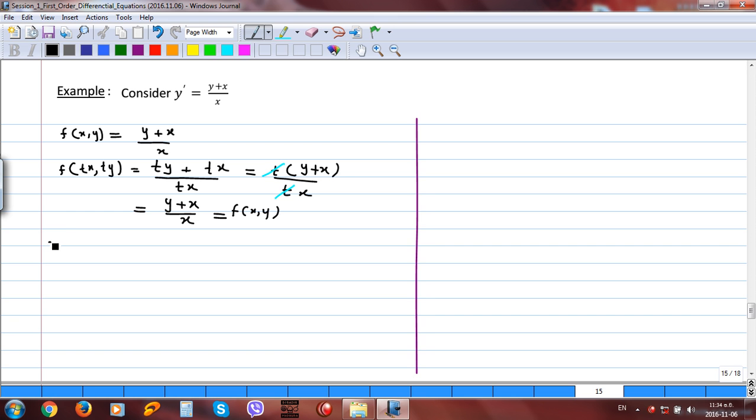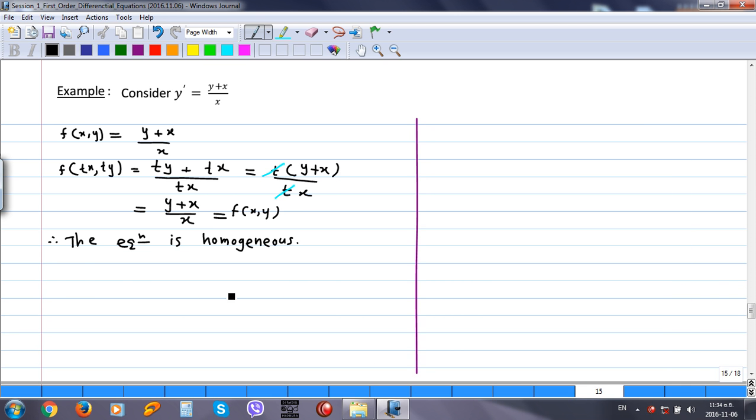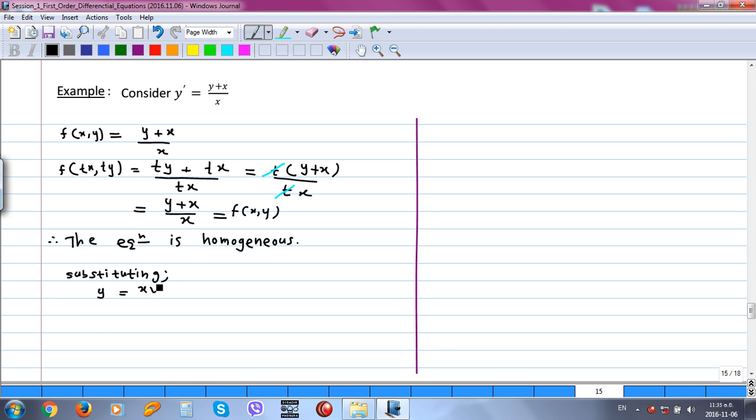Therefore the equation is homogeneous. If it is homogeneous, what we have to do is substitute y = xv. So substituting y = xv, we can differentiate this.